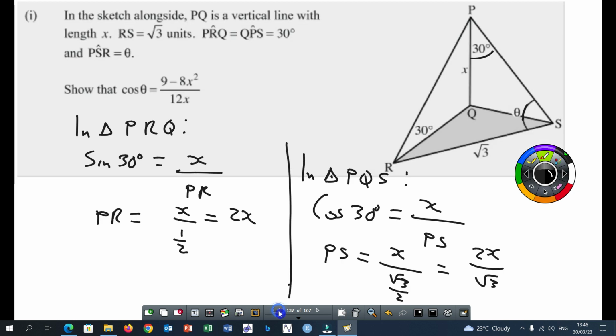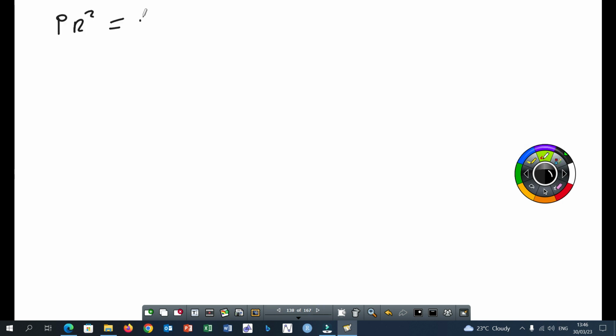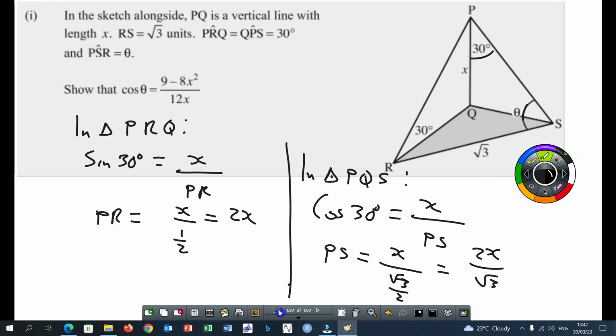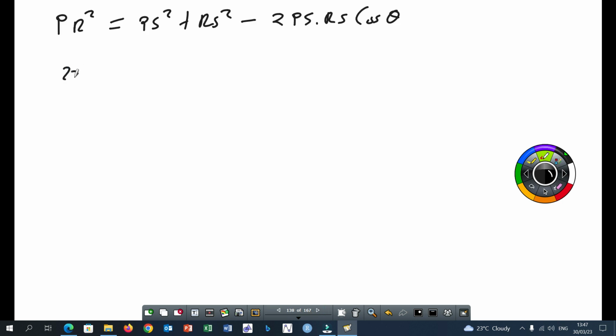So my cosine rule is going to be PR squared is equal to PS squared plus RS squared minus 2PS times RS cosine of theta. Then our PR, we got it here, it's 2x, so that will be 2x squared.